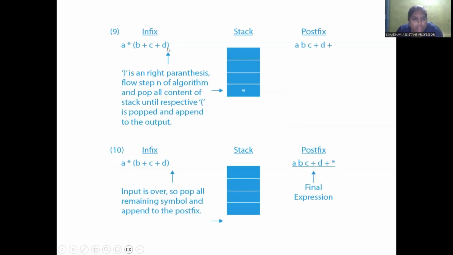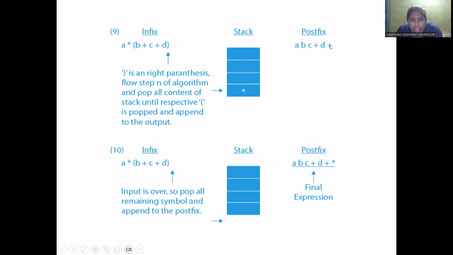Next is the closed parenthesis. Whenever we encounter a closed parenthesis, whatever operators are present inside the open and closed parenthesis, we have to pop all those operators and place them onto the postfix.